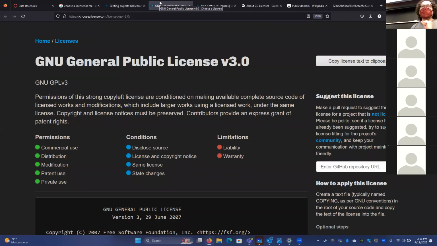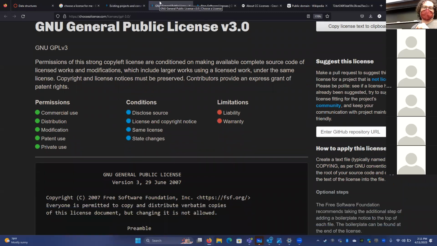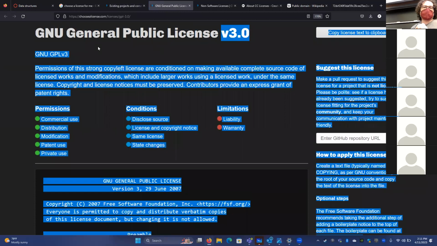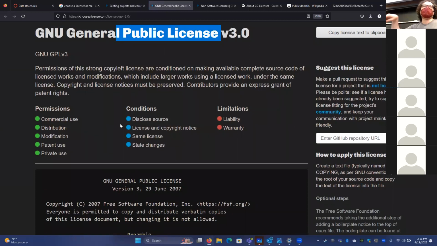From what I understand, it is a viral license, meaning that if you write something using the GNU Public License, somebody else who uses your code must also write their own program using the GPL. As far as I understand it, there's probably some subtlety in there that I've overlooked. So again, consult with an actual person who spent years of their life studying this stuff.